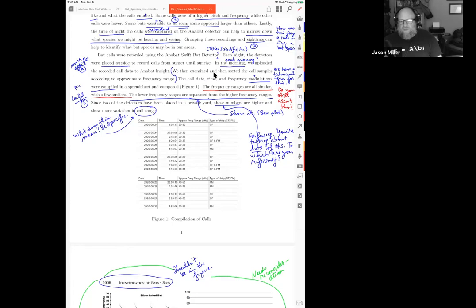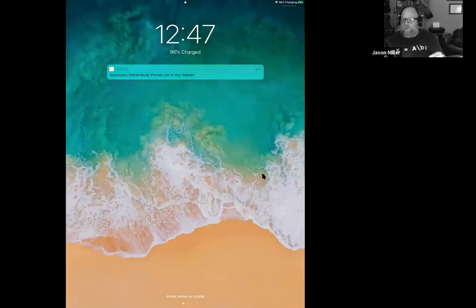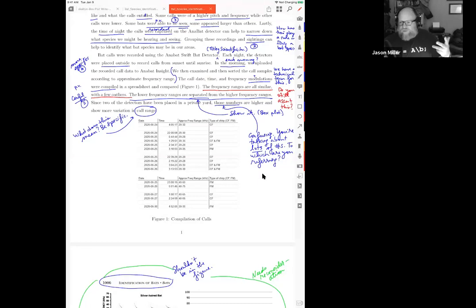You're talking about lots of numbers up here: call, date, time, frequency, modulation, whatever that is. To which of these are you referring? Now, when we've been talking, the three of us, we tend to talk about the max frequency and the min frequency, and we ignore all the others. We talk about max and min frequency because they're easy to see.